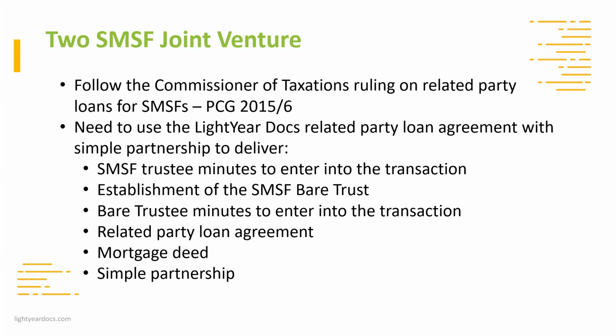You have to have the borrowing down at the unit holder level. And the danger with that one is, first, PCG 2015/6 doesn't apply to unlisted units. As a consequence, you've got to find a commercial lender who would actually lend to those, which is few and far between. So we tend not to use that.